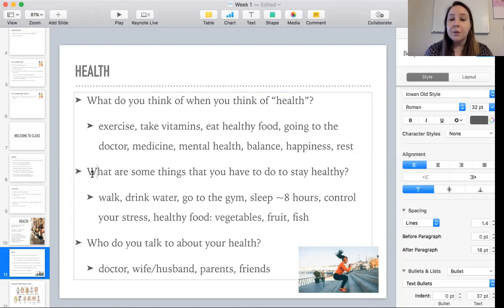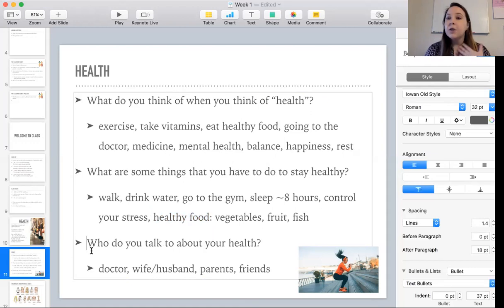Some other things that we talked about in staying healthy were making sure you exercise, you go to the gym, you are sleeping the right amount of time, and you're, again, eating healthy food. So we talked about things like vegetables, fruits, fish, all of those things.